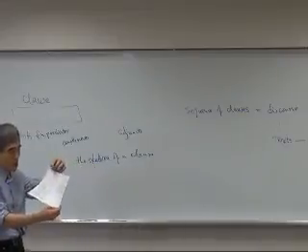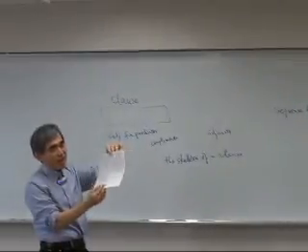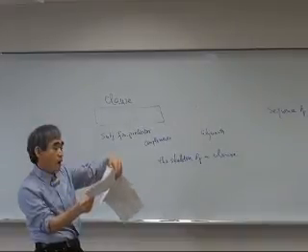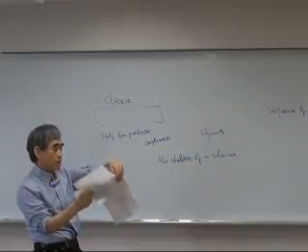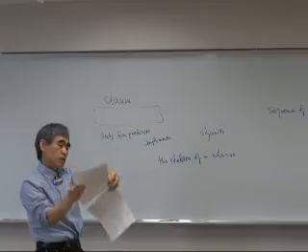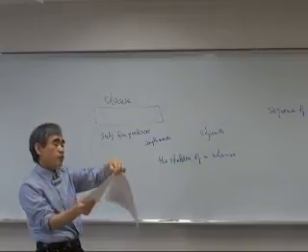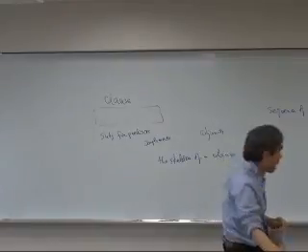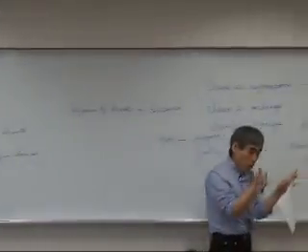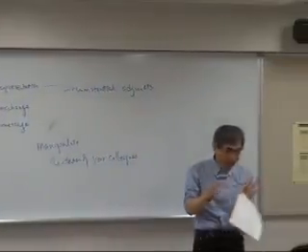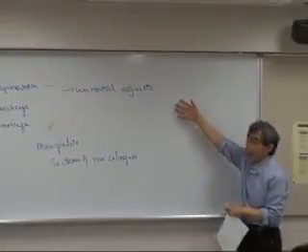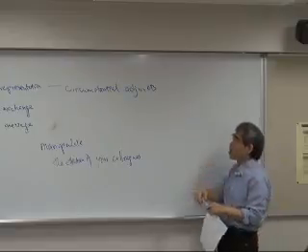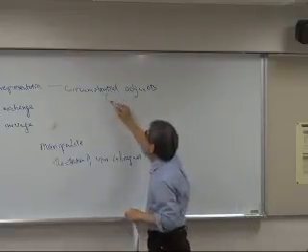This is Halliday and Matthiessen, and the table, Table 528, will give you a complete list of circumstantial adjuncts in English.